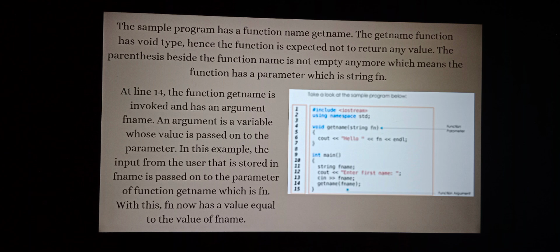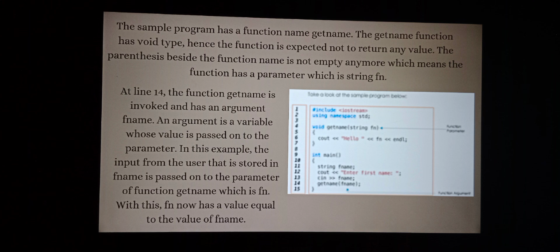The sample program has a function named gateName. The gateName function has a void type. Hence, the function is expected not to return any value. The parentheses beside the function name are not empty anymore, which means the function has a parameter, which is string fn. At line 14, the function gateName is invoked and has an argument, fname.